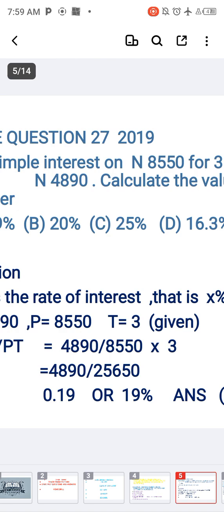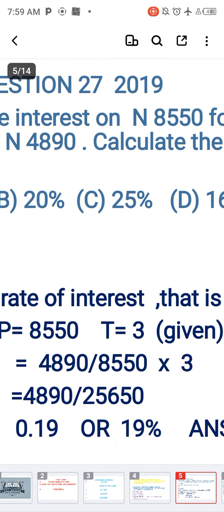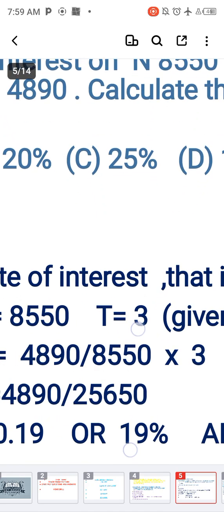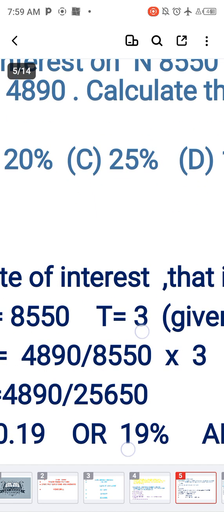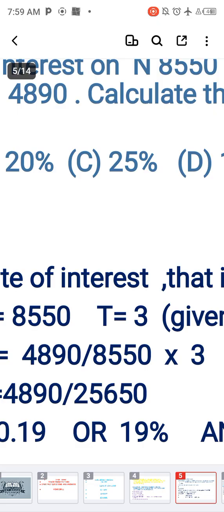That we get 4,890 over 25,650. This 25,650 is as a result of the multiplication of the principal and the what? Time. That's 8,550 times 3.